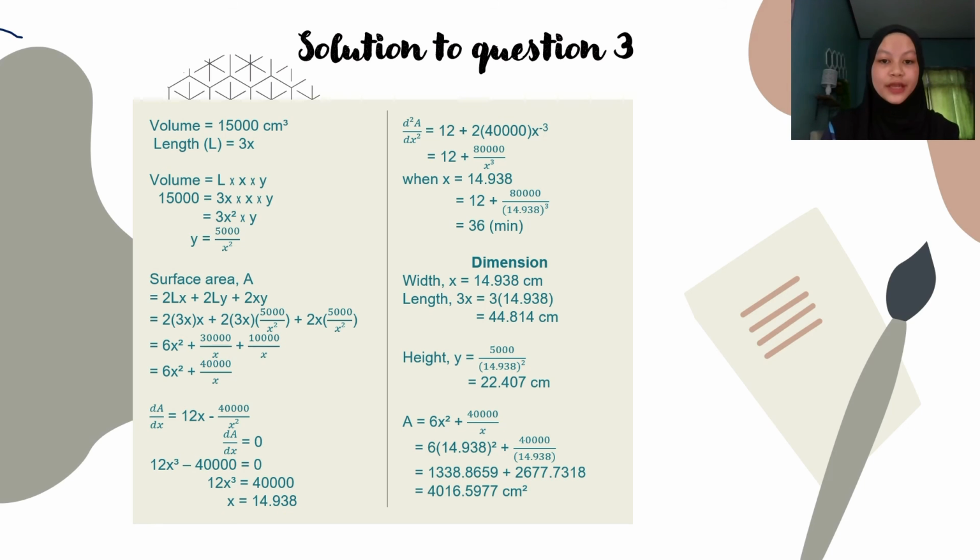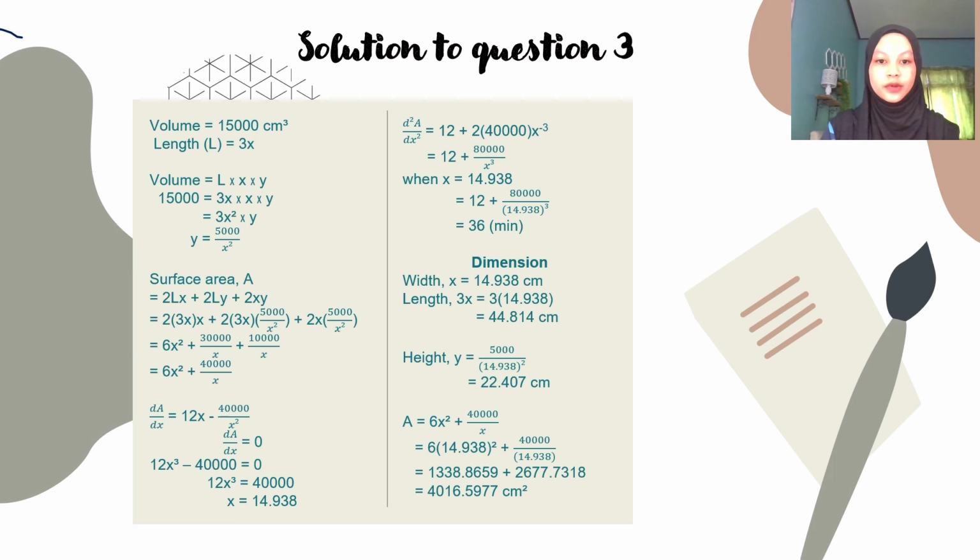So we replace x here. We got 36. So the 36 here means the critical point is minimum point. It is because when we got a positive number, it means it is minimum point. And if we got a negative number, it is a maximum point.